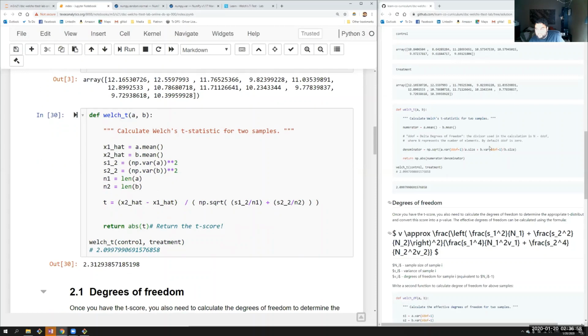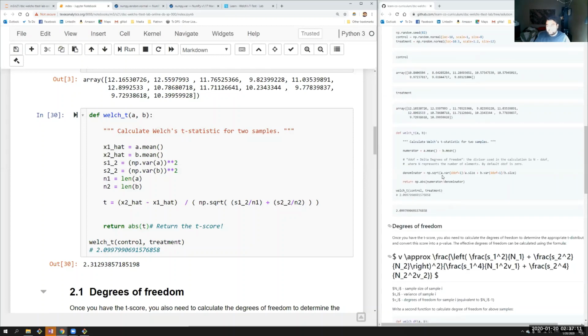And then they do degrees of freedom. The divisor uses n minus ddof, where n represents the number of elements. By default, ddof is 0. Okay, so the denominator is np.sqrt of a.var, so it's the variance, and they're passing in degrees of freedom to variance, and I don't know why. It's n minus ddof, by default ddof is 0, divided by a.size.